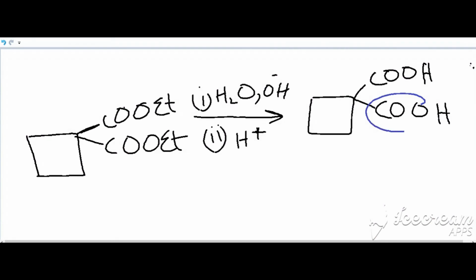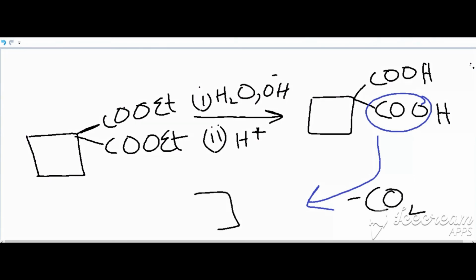This is unstable and it eliminates one carbon dioxide, and we will obtain cyclobutyl carboxylic acid.